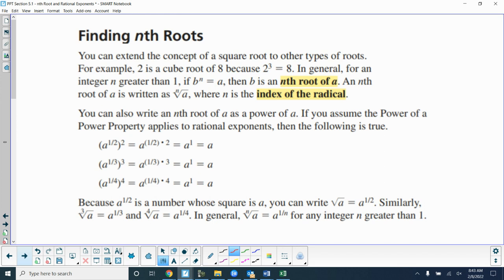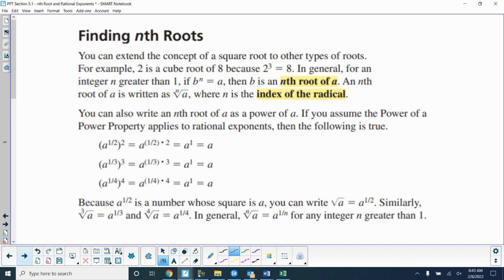An nth root of a is written like this. The n is your index, a is the radicand, right? N is called the index. I've been telling you that already, right? The index of the radical is the root.